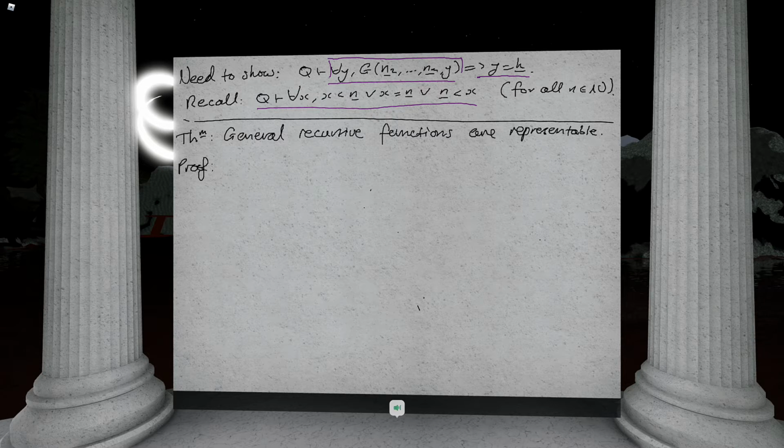So the general recursive functions are defined inductively, and originally we defined it using multiple clauses, but we used the beta function lemma argument in order to reduce the inductive clauses that we needed to consider, and then we considered the base cases of that definition along with the inductive clauses. So now we just induct on that structure and appeal to all of the lemmas that we have shown so far.